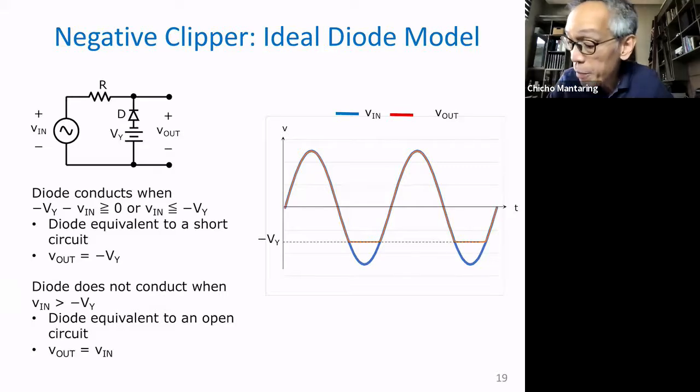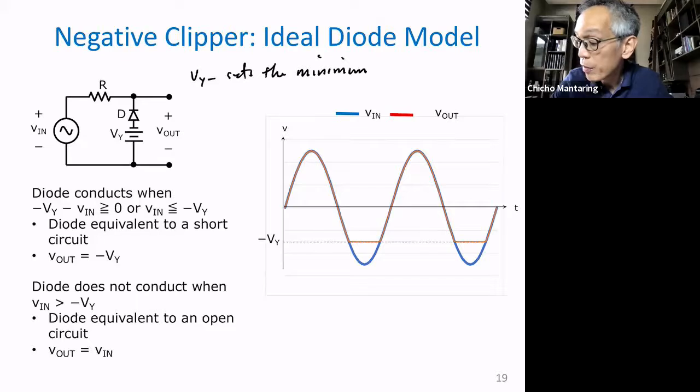And that is set by V of Y. No? So V of Y sets the minimum value of the output.